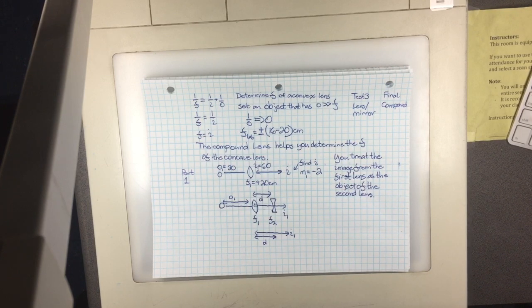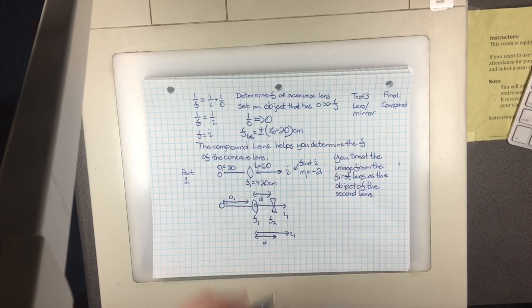You treat the image from the first lens as the object of the second lens. There, I've said it 3 times, so it must be really important.